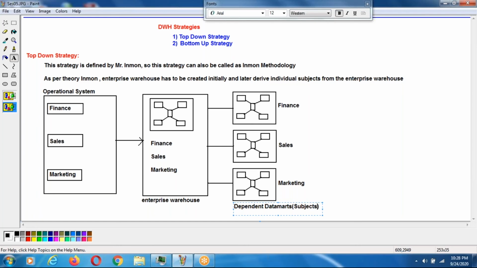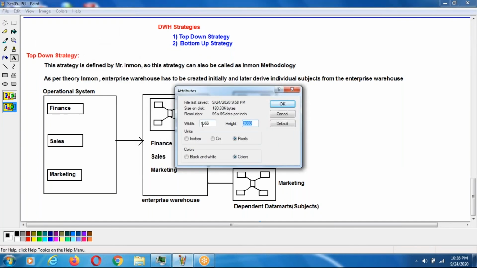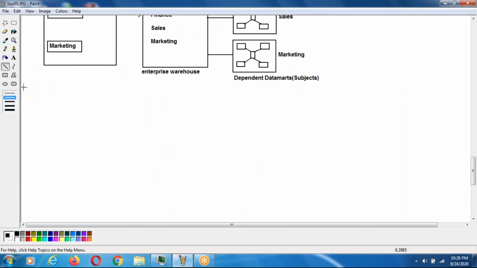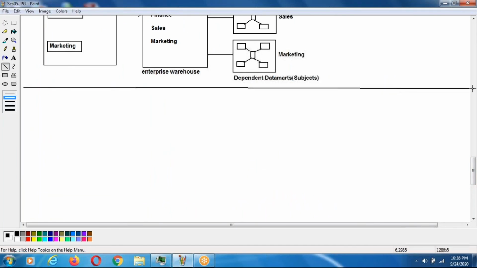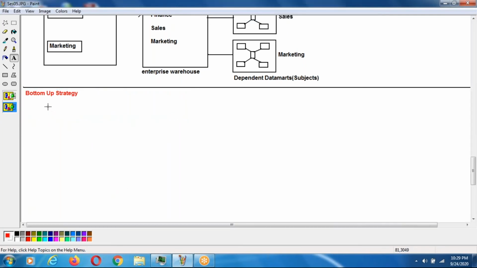Clear? So this is the theory defined by a person, Inmon, called the top-down strategy. It can also be called the Inmon methodology. So next one, the bottom-up strategy.